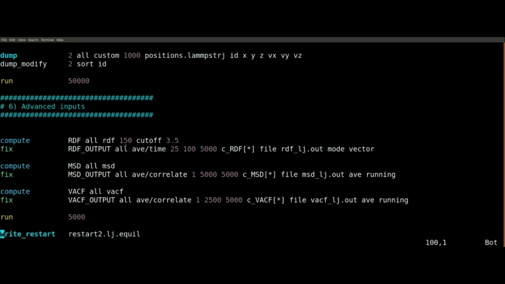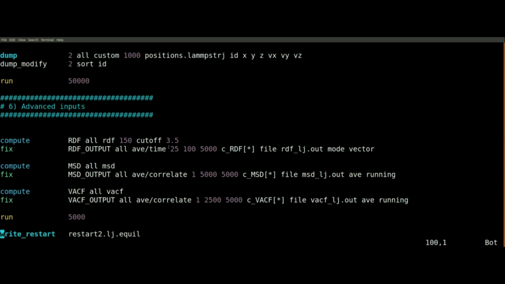So every 3.5 divided by 150 will count my particles. If a particle is between the first bin and the second bin, it is in the cutoff for the second bin, so it would be counted for the second bin. If a particle is in between the second and third bin, it will be counted for the third bin, etc., etc.